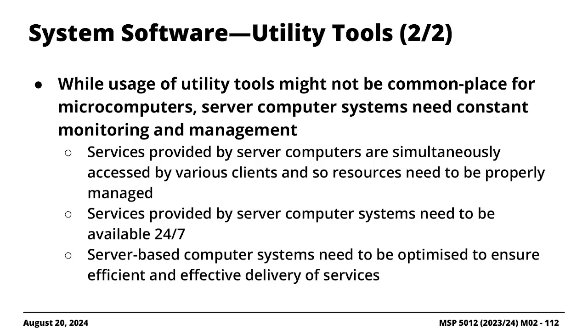And then in terms of availability here, we see that a number of services provided by server computer systems are supposed to be available all the time. I do hope ZSpace is one of those examples. At any given point in time, people are using ZSpace, maybe except when people go on their December break or something. But this system needs to be available all the time.